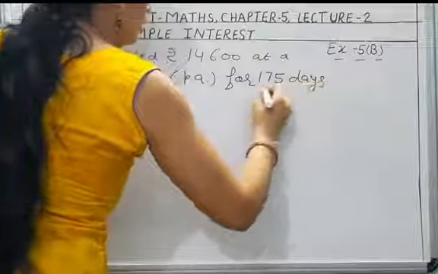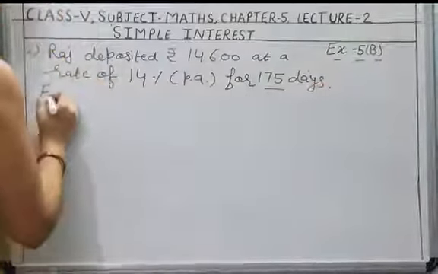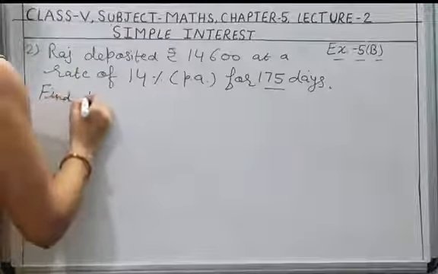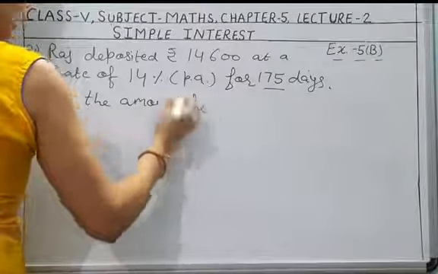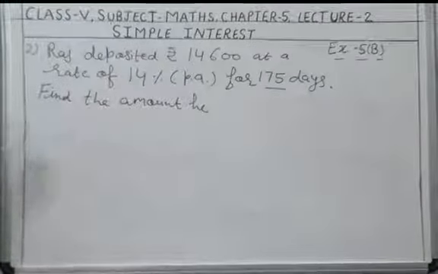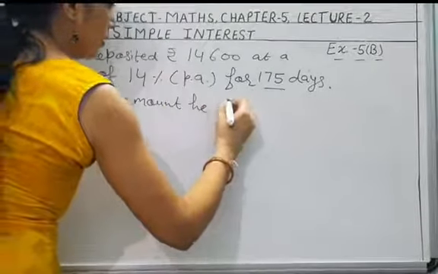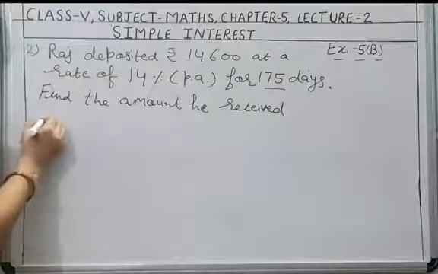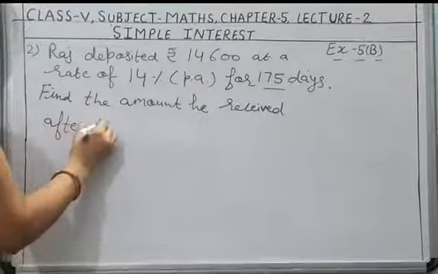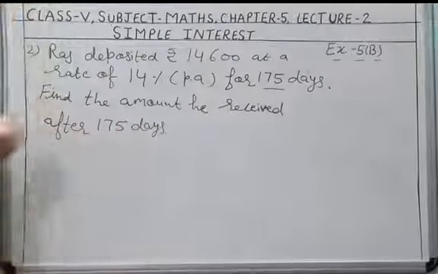Now time is given in the form of days. Find the amount he received after 175 days. Now look here.